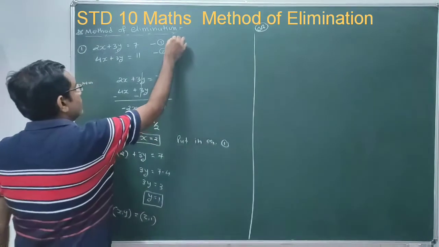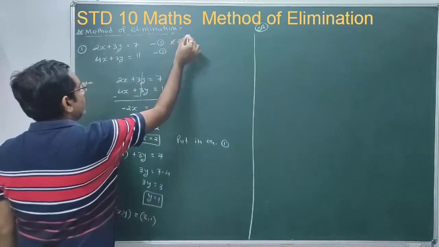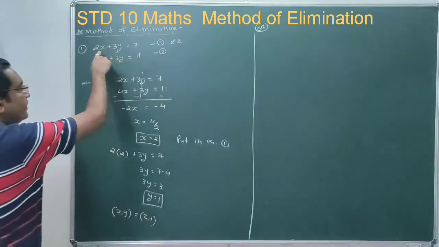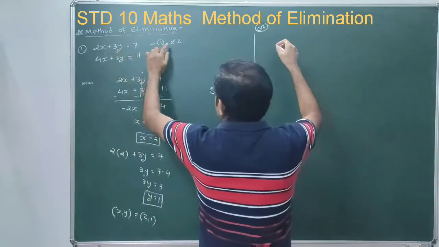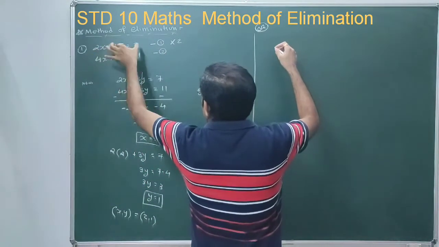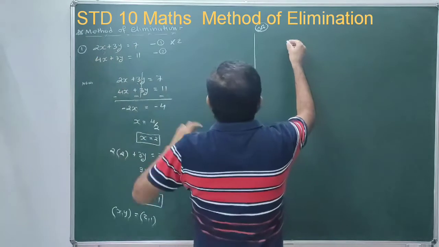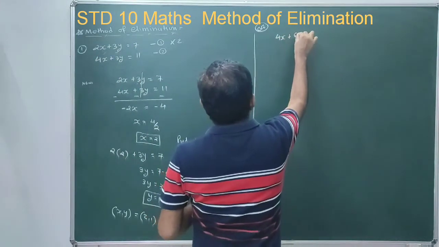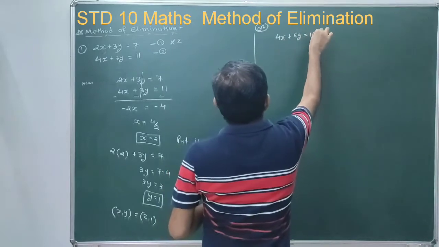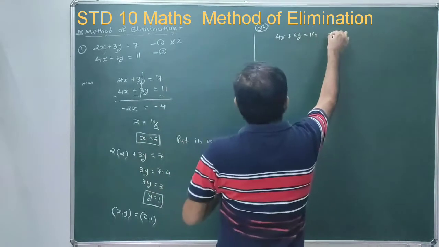First, you have to multiply equation 1 by 2 because here you have to eliminate variable x. Multiplying equation 1 by 2, you have to multiply the left hand side as well as the right hand side. So it will be 4x plus 6y equal to 14. This is your equation number 1.